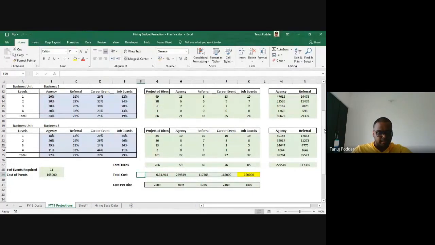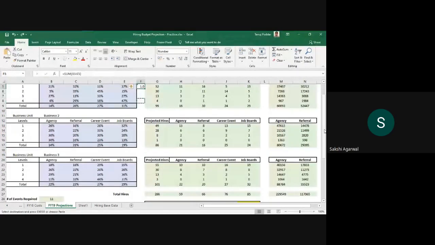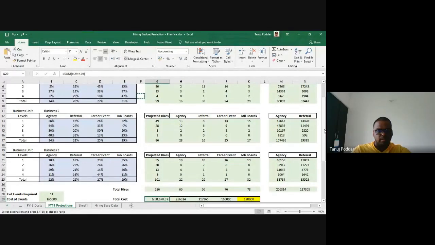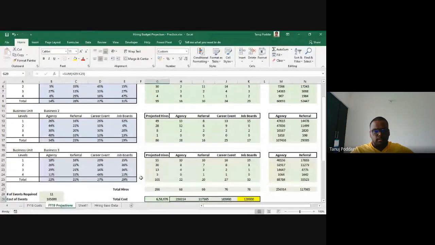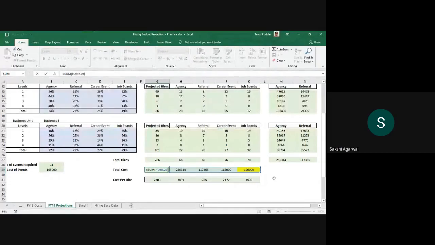Okay, but where is this number still coming from? Are we adding something up here? Okay, just a minute. So this basically is a summation of all the different costs that we have from agency, referral, career events, and job board. Okay, understood.